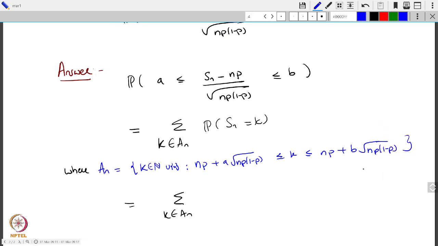So now k goes from a to b, and what's the term? That we know is n choose k, p to the power k, and 1 minus p to the power n minus k. Right? That we know from before. Let me call this in green, so that is something different.